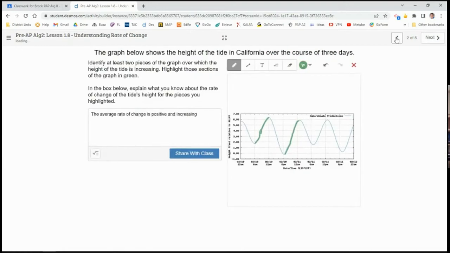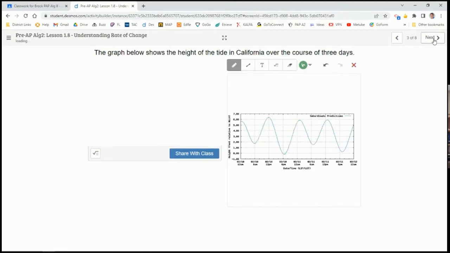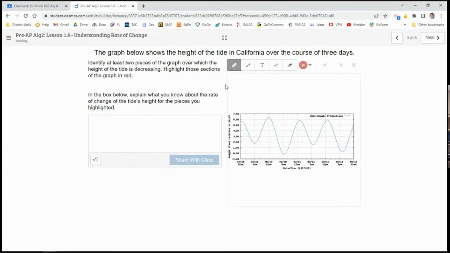So back here, we had the green for the increasing, for the height of the tide was increasing. And then they want red where it's decreasing. So, all right, so that should be right there. Lots of decreasing.